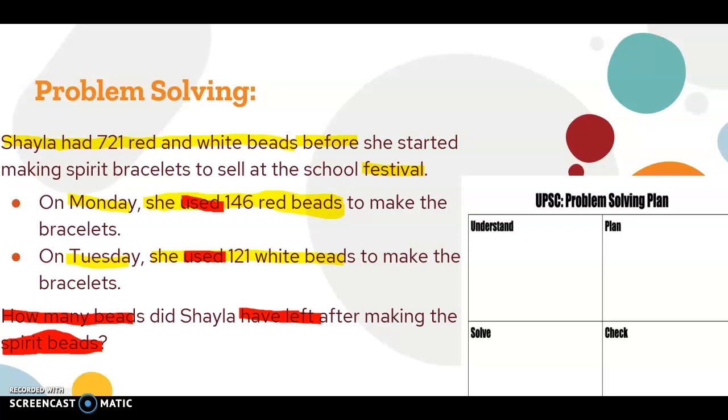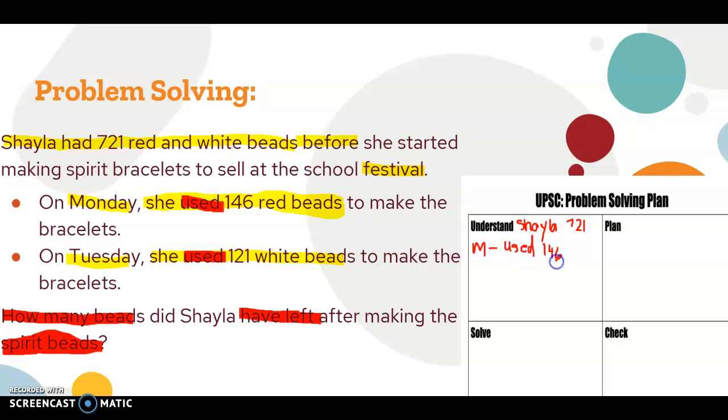Okay, I'm trying to get my pen out. Here it is. Okay, so I understand that Shayla had 721 beads. I also know that on Monday, and I'm just going to write an M for Monday, she used 146 of the beads.